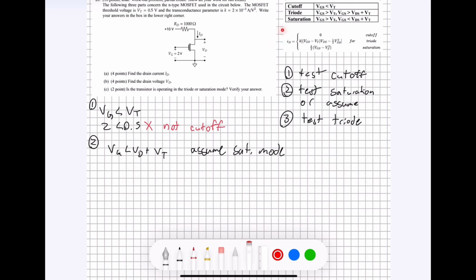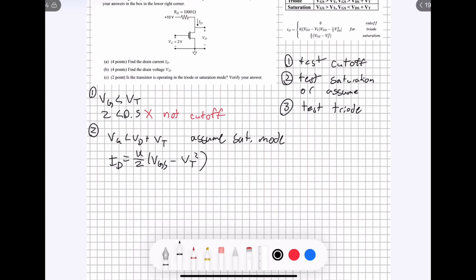And you can see from this equation over here, there are different equations to solve for the current based on what mode you're in. For saturation mode, the equation is going to be ID is equal to K over 2 times VG minus VT squared.